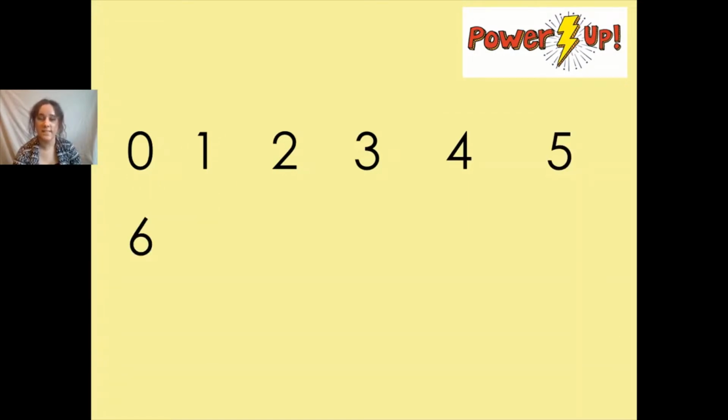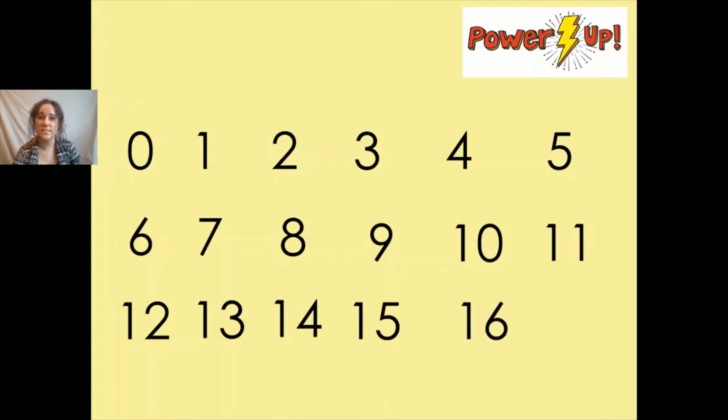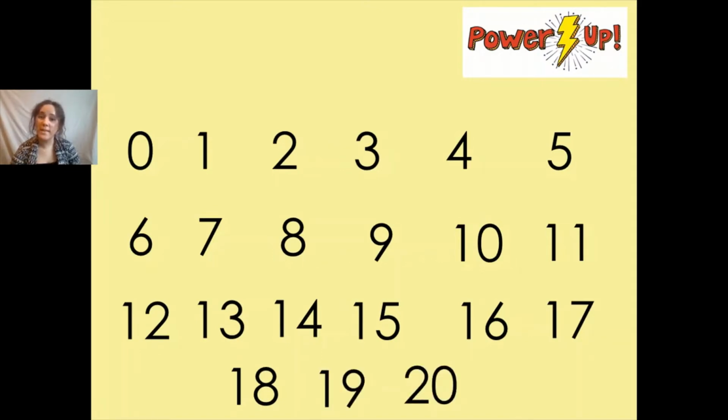Let's go and count together. 0, 1, 2, 3, 4, 5, 6, 7, 8, 9, 10, 11, 12, 13, 14, 15, 16, 17, 18, 19, 20. Fantastic! We've counted from 0 to 20.